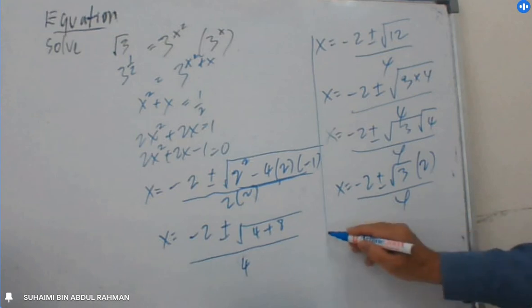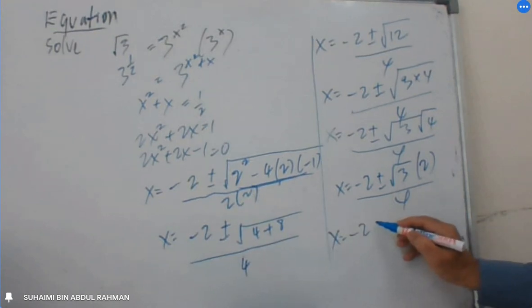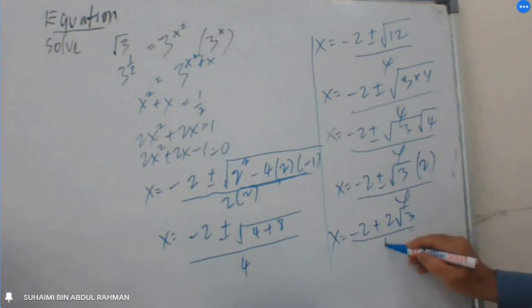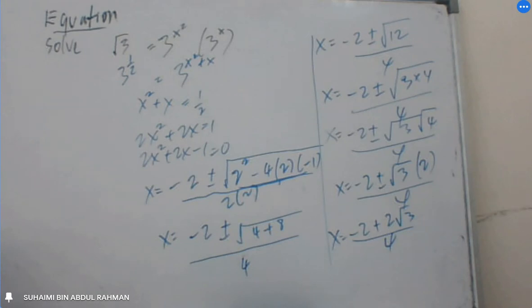So we can separate into two. One x is minus 2 plus 2 square root of 3 over 4. And the other x is minus 2 minus 2 square root of 3 over 4.